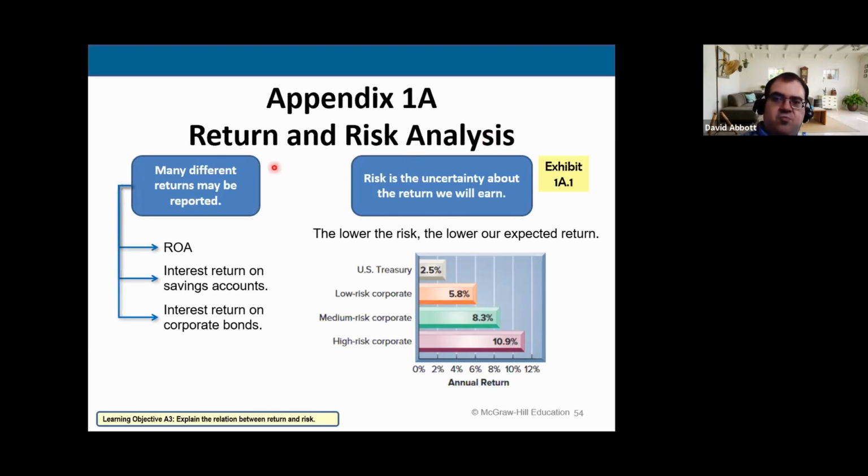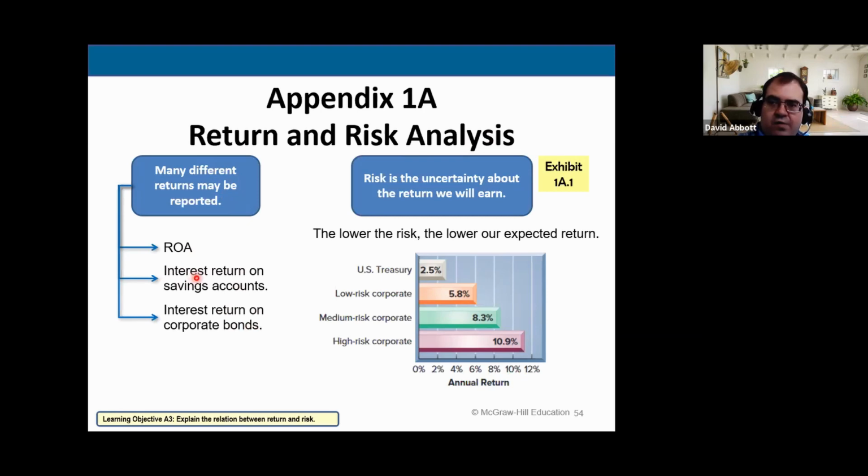Okay, so there's many types of different returns that are reported. So an ROA, you might think about the interest return on savings accounts or the interest return on corporate bonds, which are debts that companies issue. They issue bonds in order then to pay. They have to pay back the money principal along with interest.